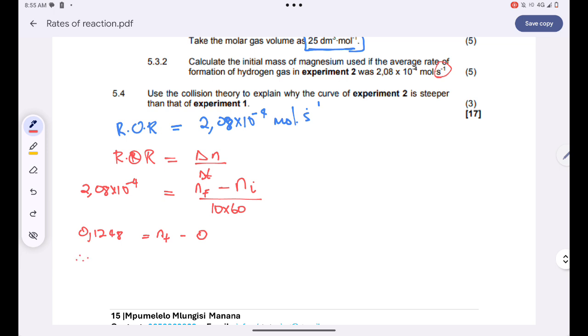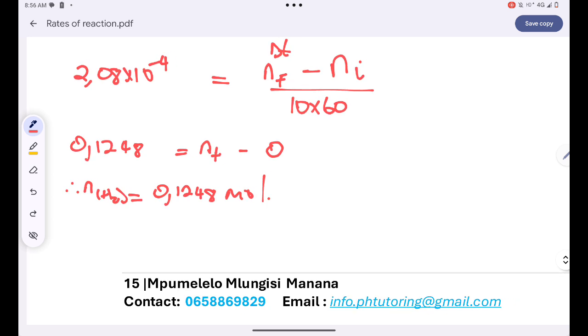So I now know that the number of moles of my hydrogen that will be formed will basically be equal to 0.1248 moles. Let me write the SI unit. Are you together? But I know that since the ratio of hydrogen and magnesium is 1:1, it simply means that the number of moles for magnesium is the same as number of moles for hydrogen that was formed.